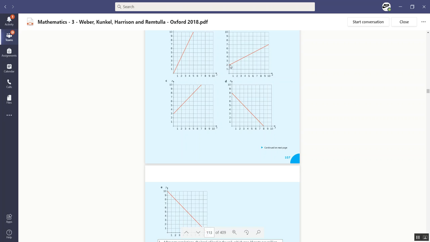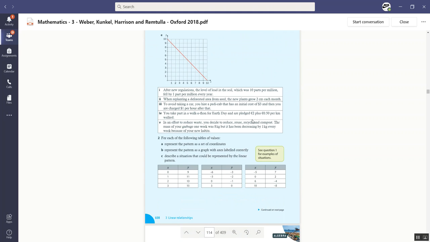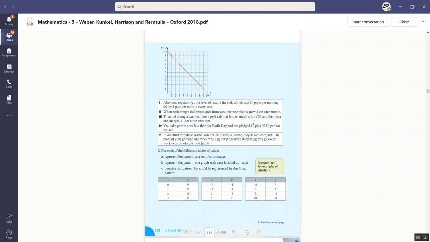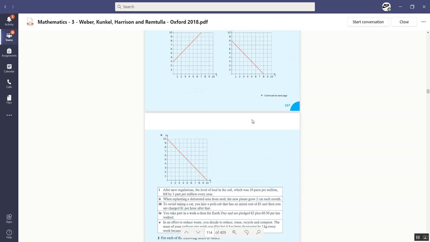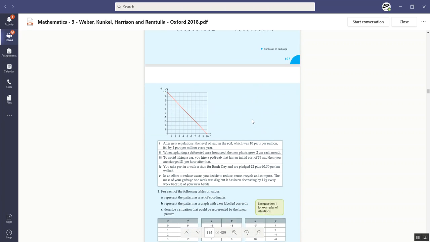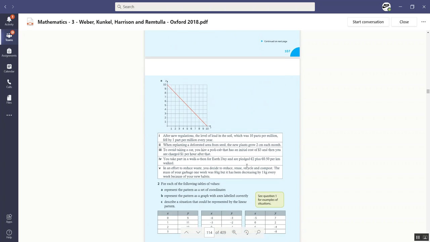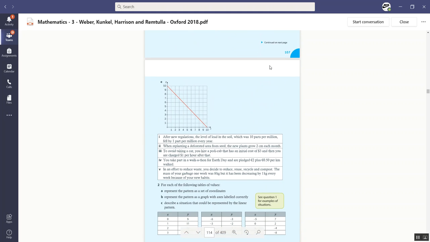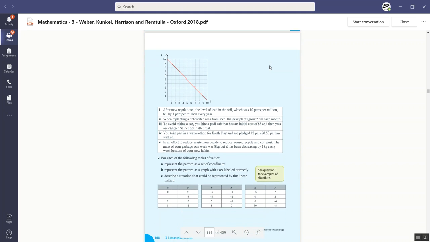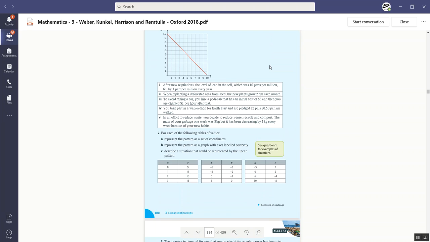B, yep, good, right. So it's starting at 2 and I can see it's going up 50 cents each time, good. And then the last one means that it has to be D, right, because it's starting at 8 and it's going down, it's decreasing by 1 every week. All right, good. So that's question 1 done, okay?